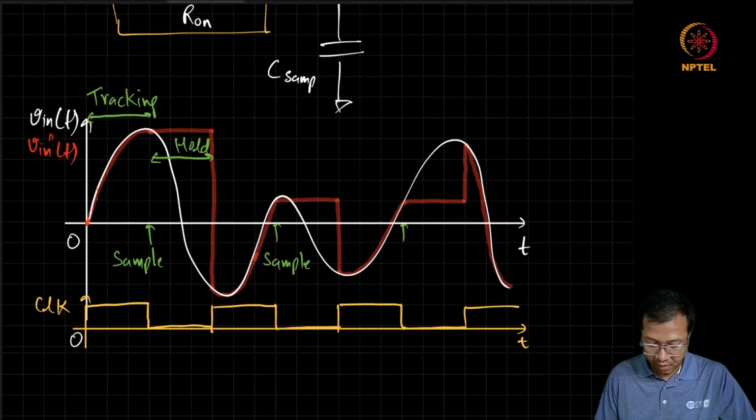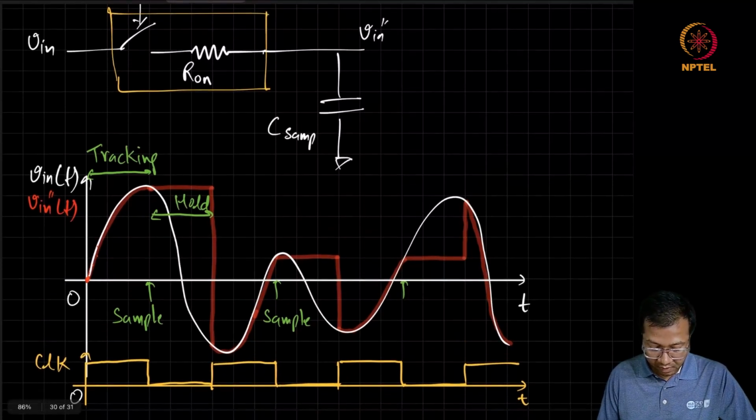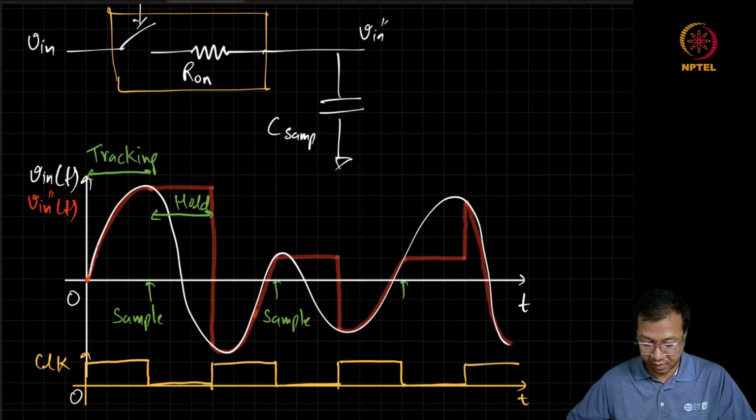And we can see that as per this ideal sample and hold circuitry, the samples which are being held are a true representation of the signal at the sampling instant.